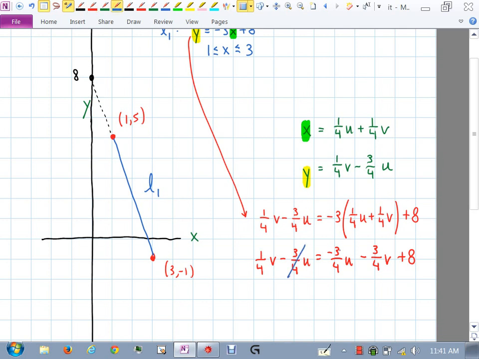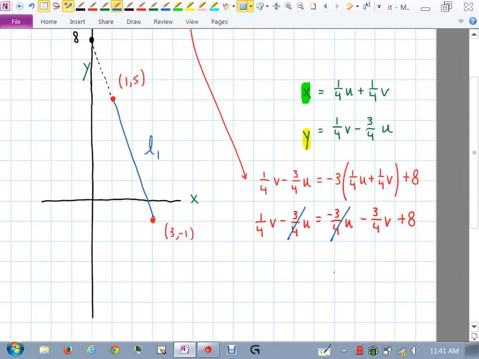The -3/4 u goes away on both sides of the equation. Then bring this over to the other side, adding 3/4 v to both sides. That would give you v, which means the only thing left is v is what? 8. V is 8.